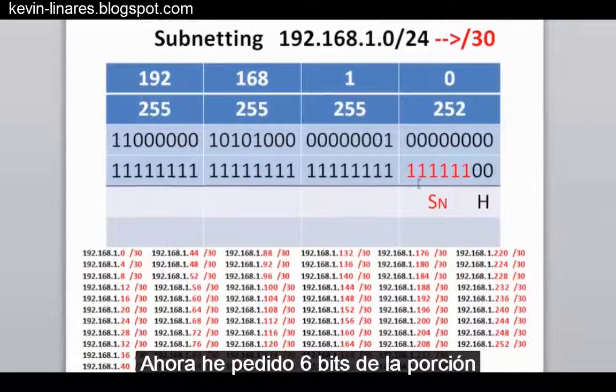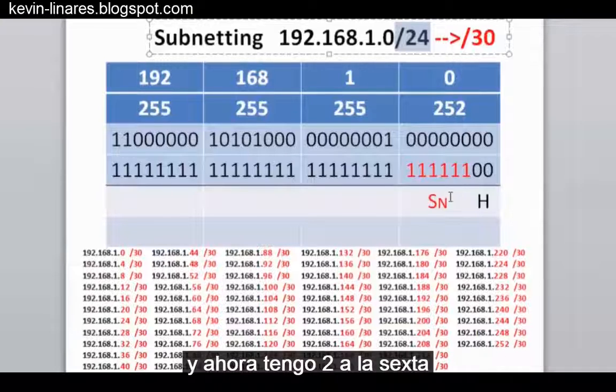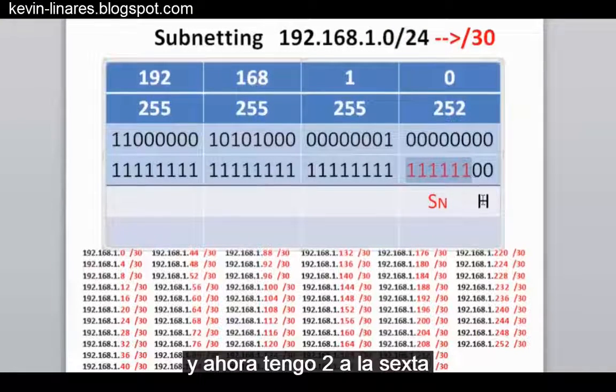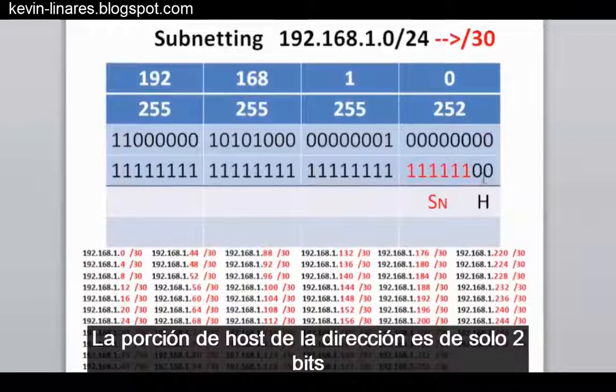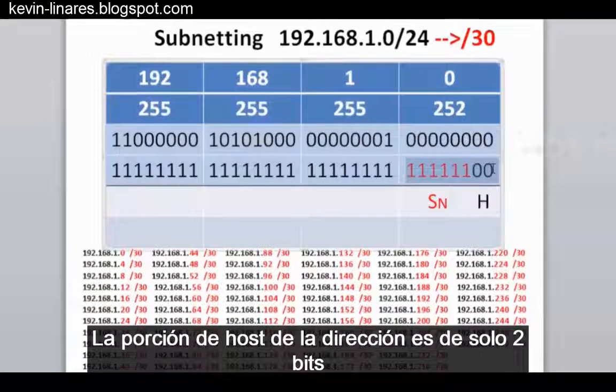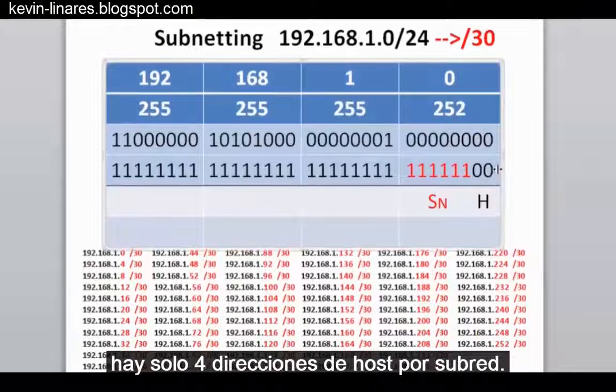I've now borrowed 6 bits from the original 8-bit host portion of the original /24 network, and I now have 2 to the 6th power of possible subnetworks, meaning I have 64 subnets. The host portion of the address is now only 2 bits, or 2 to the 2nd power, meaning there's only 4 host addresses per subnet.